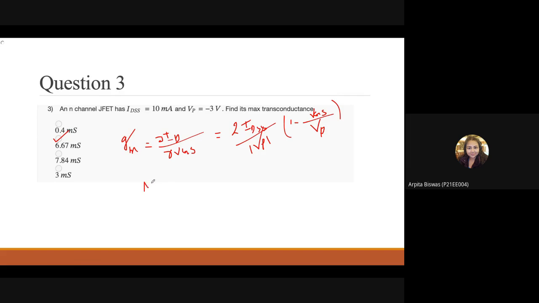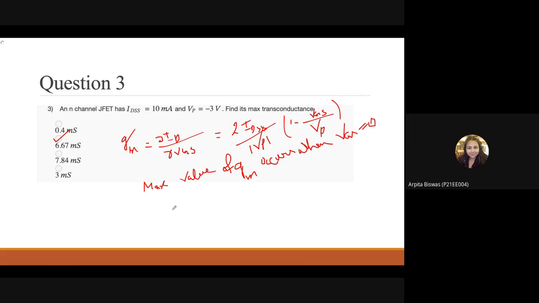So the maximum value of gm occurs when VGS equal to 0.